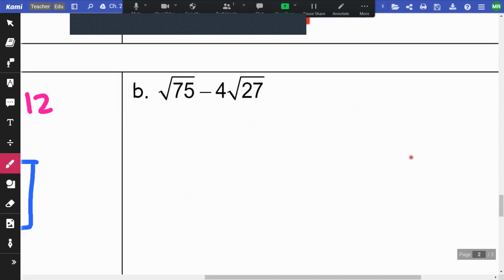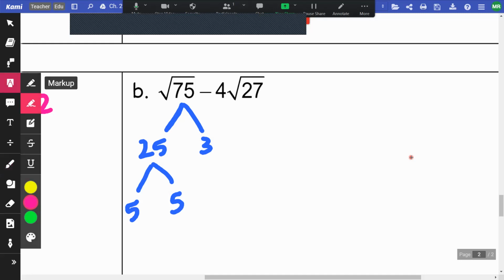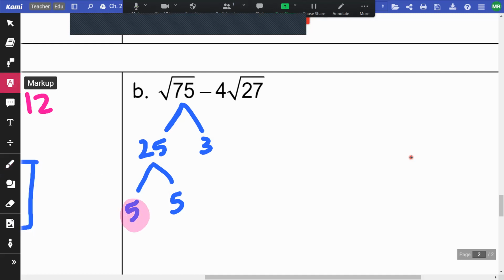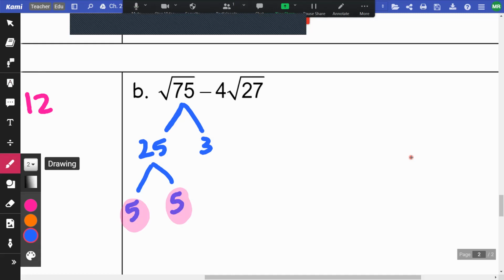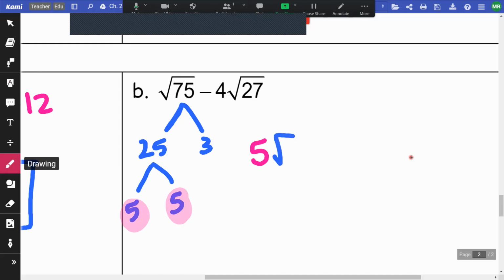On B, I need to break these down. You can think about what's the biggest square in 75, which is going to be 25 times 3. Let me prime factor it, and that's 5 times 5. When I have two of the same, this is a square, so I am going to have a 5, and the one that did not have a pair is still underneath it.